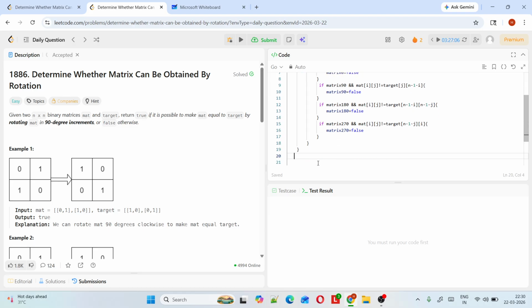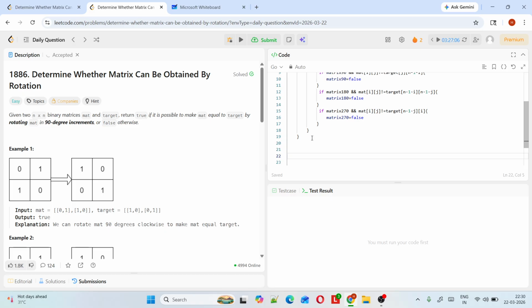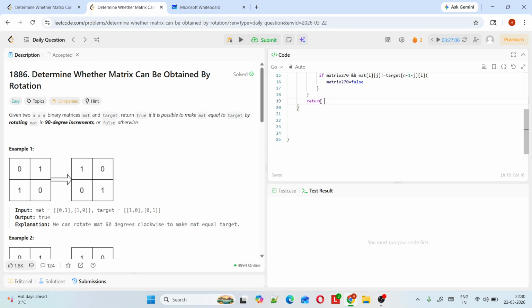After that, what you can do is just return, sorry, this should be here, return matrix of 0, okay.